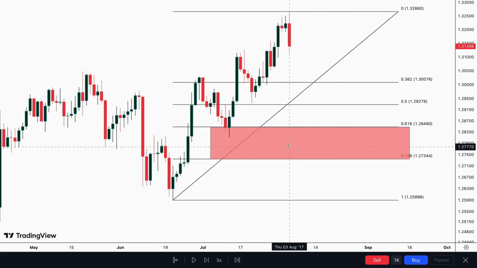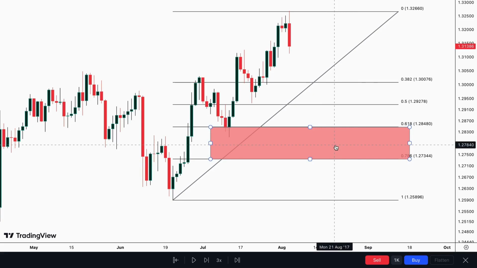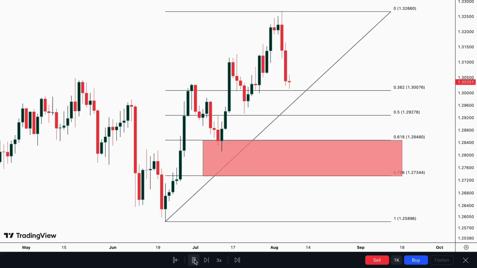If you have a lot of capital, you can just put your stop loss here, but that would be a very uncareful way of trading. You have to include other confirmations. So here, guys, is my potential area where I expect the market to retrace before proceeding with the uptrend. Let us see how the market unfolds.